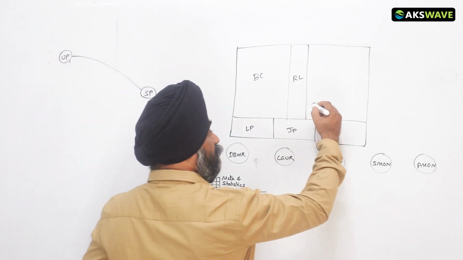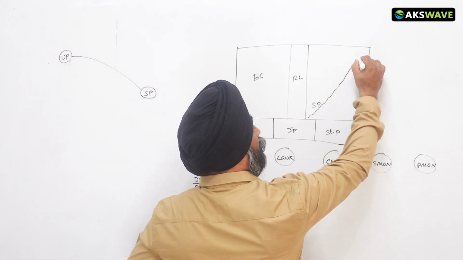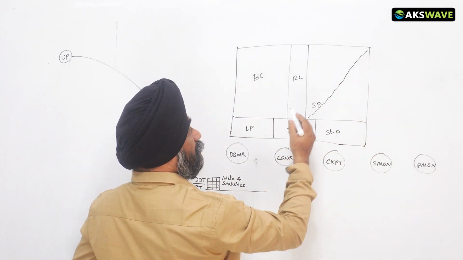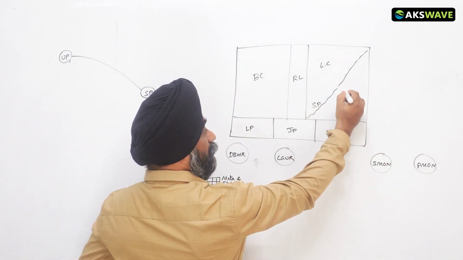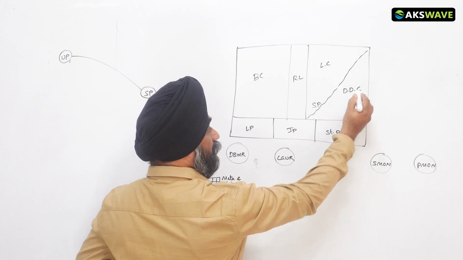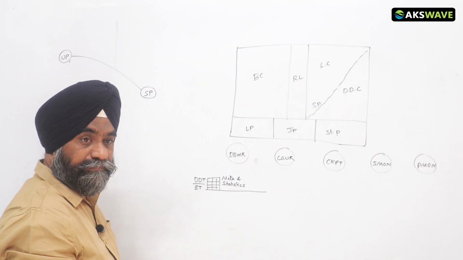Now, the shared pool is divided into two main caches: library cache and data dictionary cache.